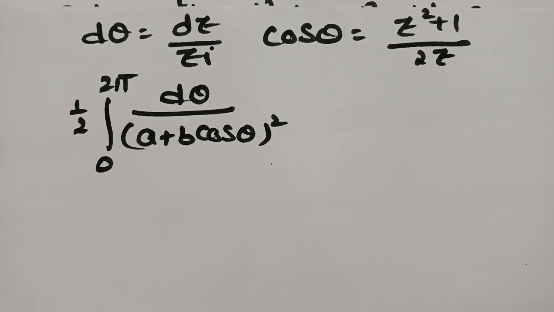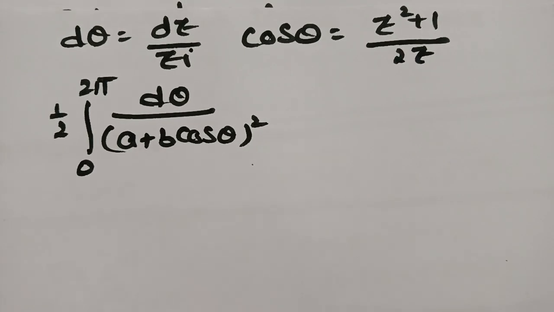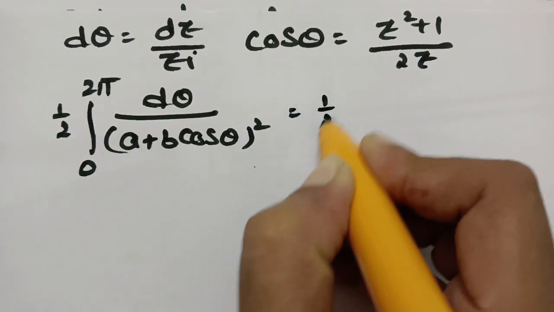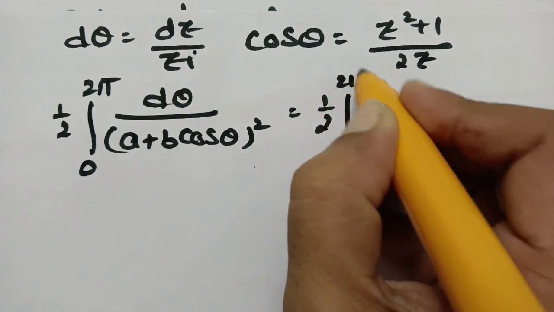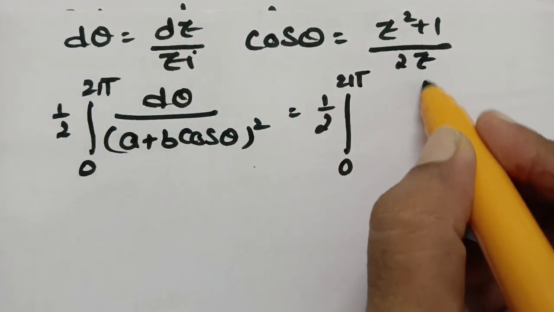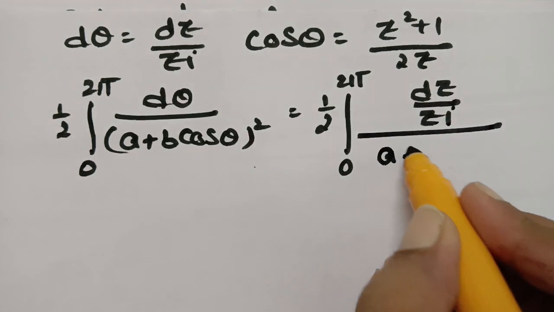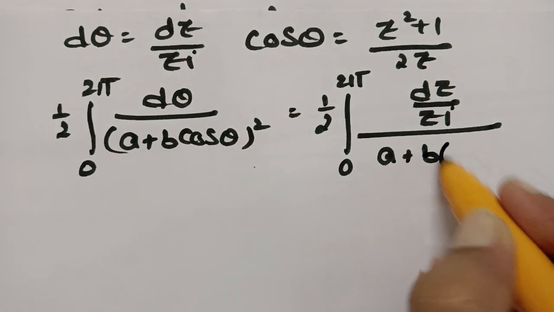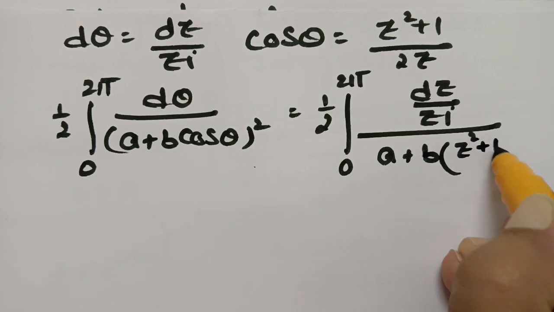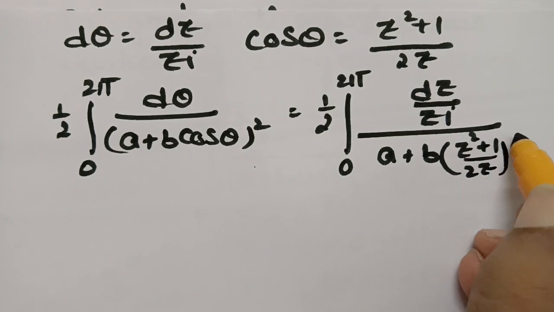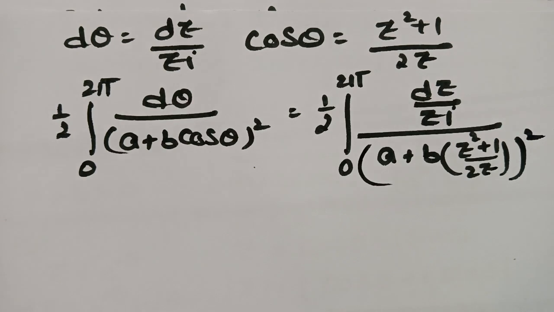If I substitute all the values, you see all the values are ready: half times the integral from 0 to 2 pi, and d theta is nothing but dz by zi, by (a plus b into what is cos theta here? Cos theta is nothing but z square plus 1 by 2z) again whole square. Clear?